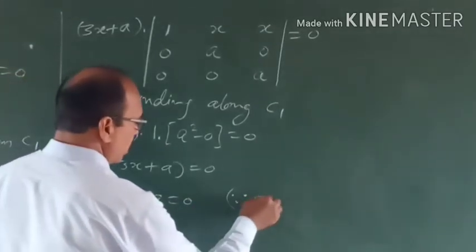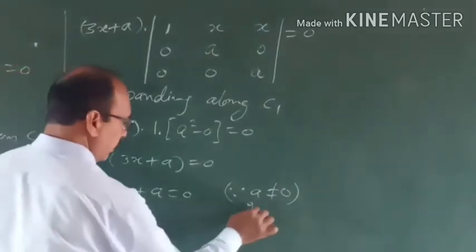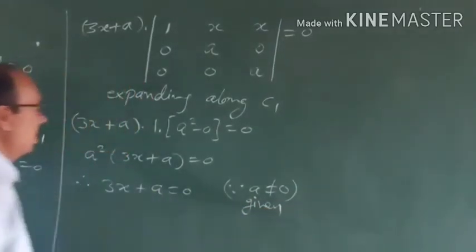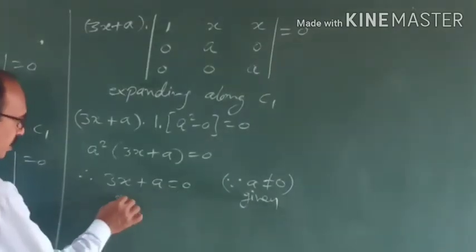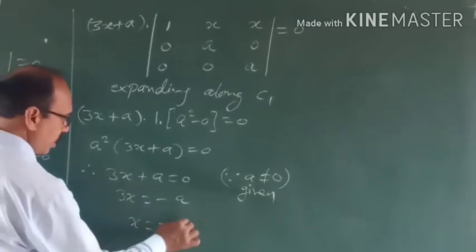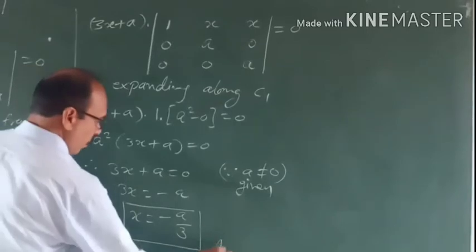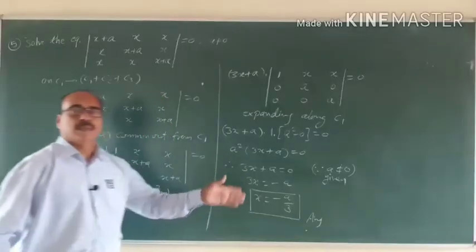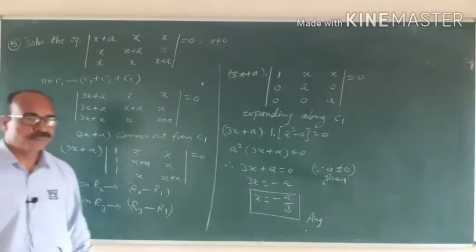Give the reason: since a is not equal to 0, it is given. So find the value of x here. Transposing to the right side, 3x is equal to minus a, or x is equal to minus a divided by 3. This is the answer. I think it is a very simple question, so try it in your fair copy.